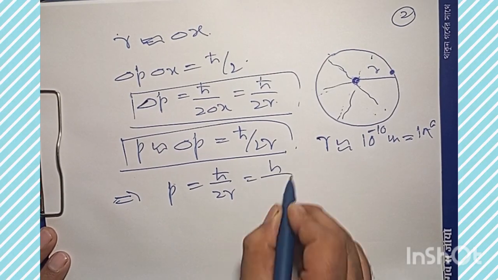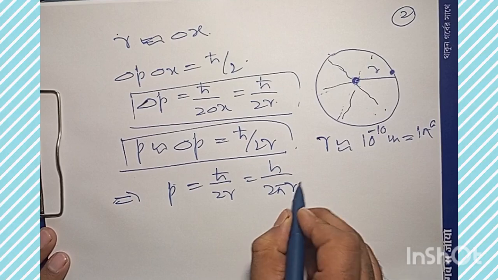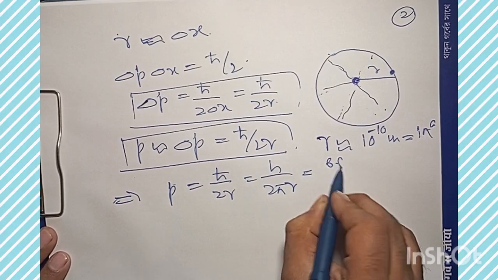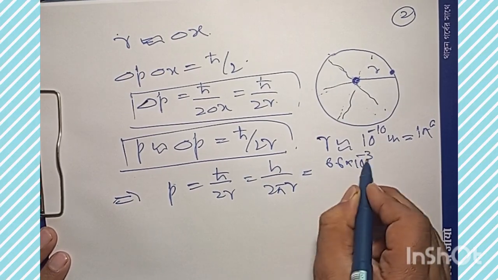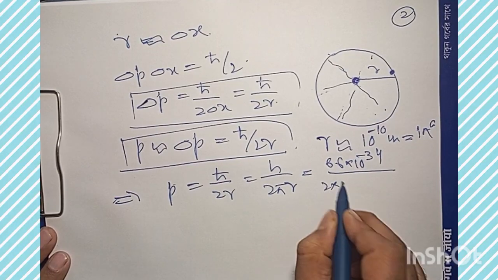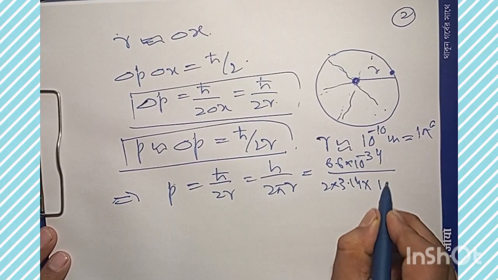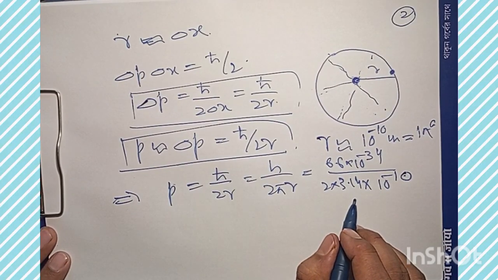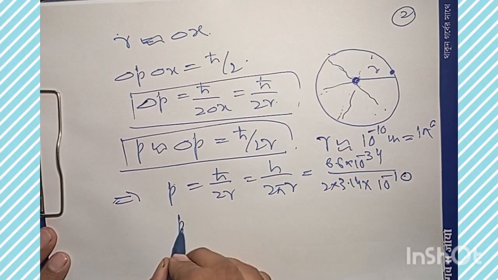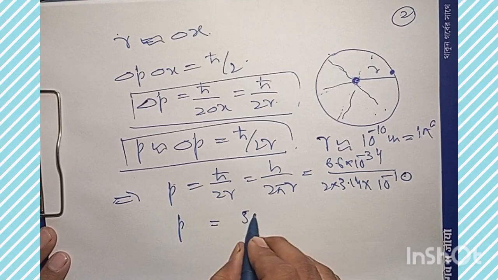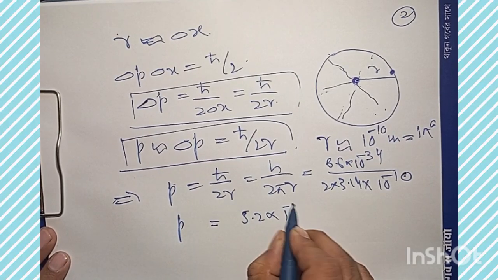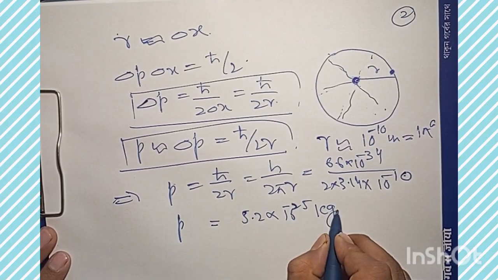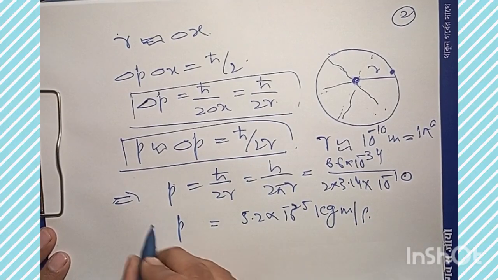So this will be h by 2 pi r, and we can use the values of the constants involved and the radius that we have taken, the average value of the radius of the atom. And this momentum that we calculate here is 5.2 times 10 to the power of minus 25 kilograms meter per second.